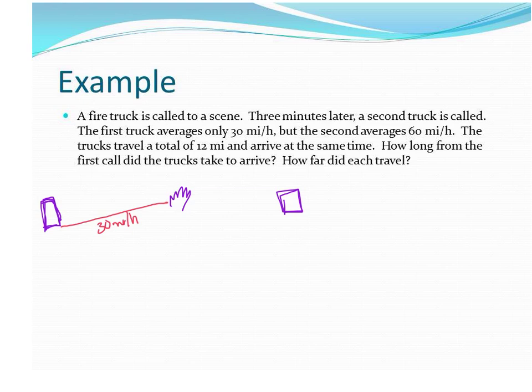That's his rate, and let's call his time t. This one, his rate I know is 60 miles per hour. His time, he has 3 minutes less, but t is in hours, so let's do 3 minutes divided by 60 minutes per hour.